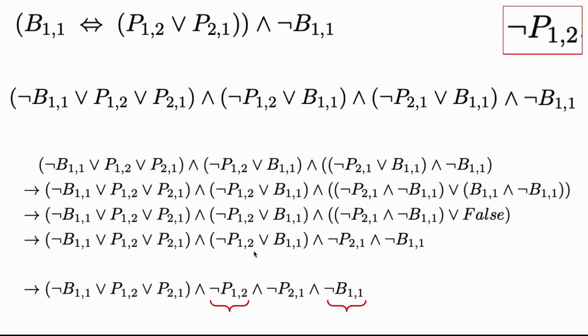Same thing: not P12 and not B11, then this OR symbol, and then B11 and not B11. Again you will get a false which will go away, and what it will leave you with is this. So now you see we have what we wanted to prove. This whole statement is true, which means each of its constituents must be true, which means not of P12 is true.